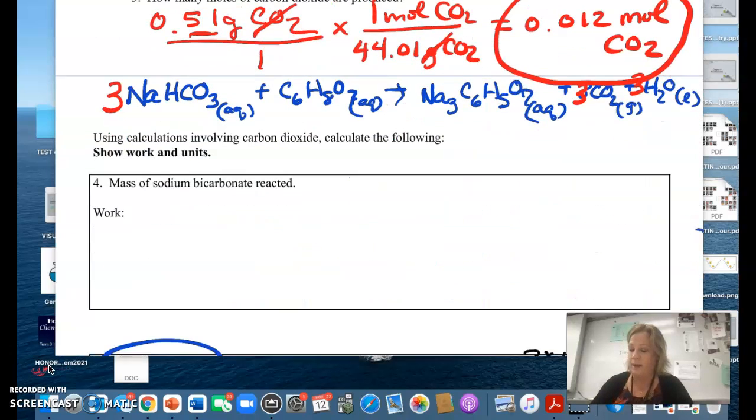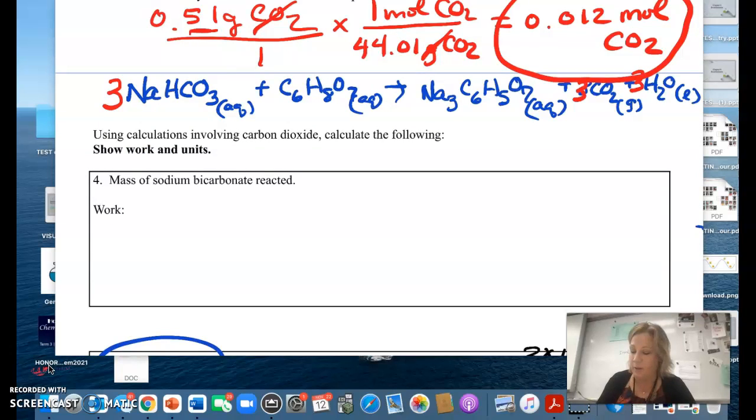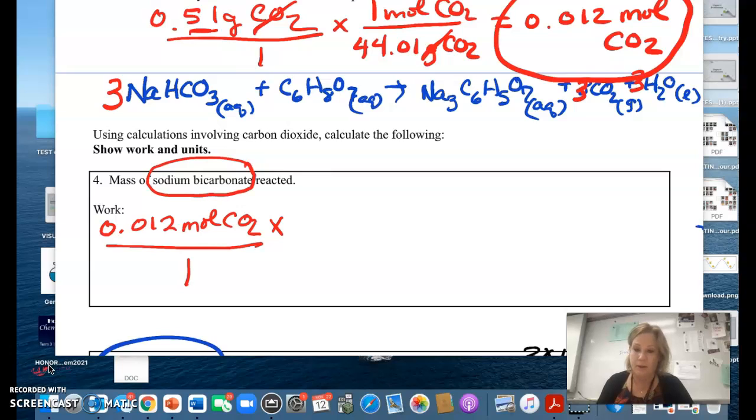Then when I get to the back, I'm always going to start with that amount of CO2. And then I'm going to calculate the grams of each of the other substances that either reacted or were produced. I'm going to go for sodium bicarbonate this time, which is right here.